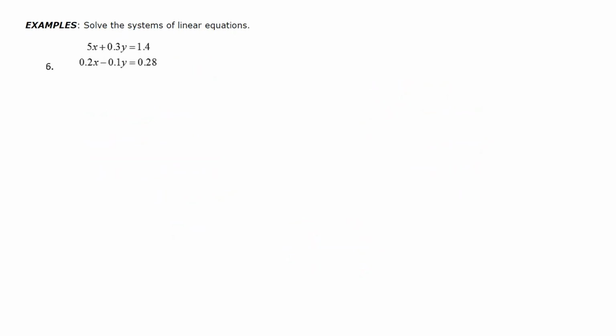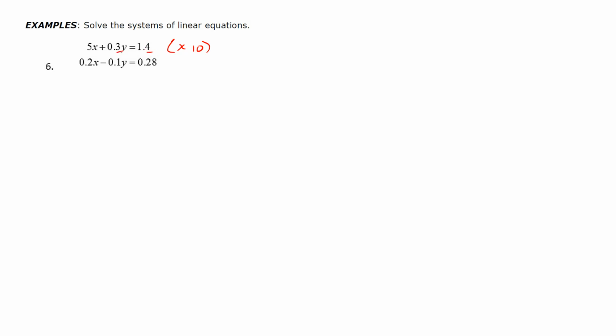Okay, we're going to solve this system of linear equations. Now, right off the bat, you would have noticed that this system has quite a bit of decimals. So in order to get this system into a format that I can see a little bit clearer, easier to work with, I'm going to create equivalent equations. So I'm going to multiply my first equation by 10 because the highest decimal place value that's present is the tenths place.